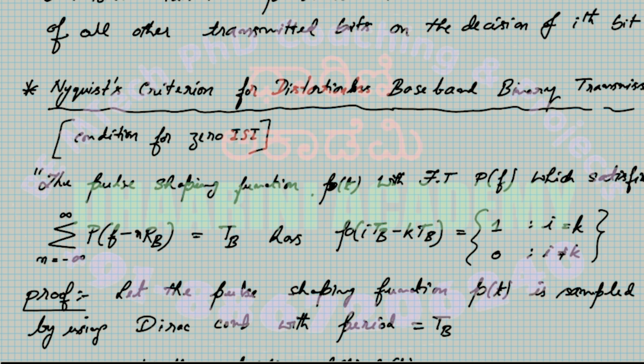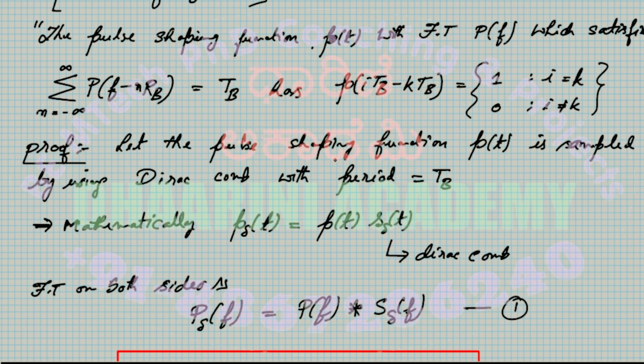The pulse shaping function p of t. It's all about the pulse shaping function, right? If you want to have a distortionless or zero ISI transmission, right? What should be the pulse, right? So the pulse shaping function p of t with the Fourier representation P of f satisfies this condition: the summation of the pulse spectrum shifted in the frequency domain, with n varying from minus infinity to plus infinity, equals capital Tb.